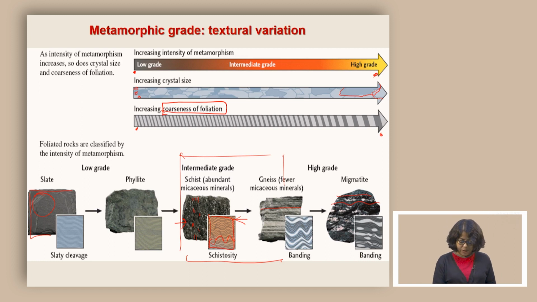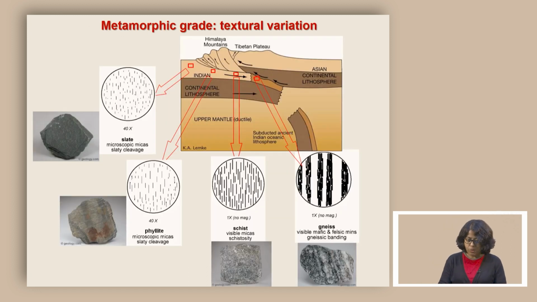Apart from textural variation, here is another example of textural variation in the context of plate tectonics. If we look at the Himalayan mountains and at the rocks situated here versus the deeper part of the convergent boundary, we are going to clearly see a variation in their texture.